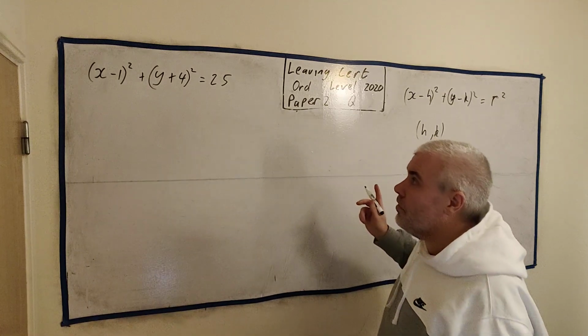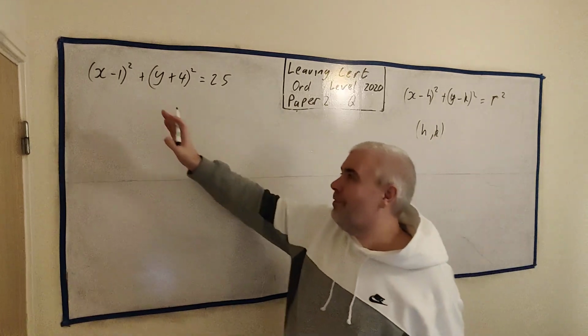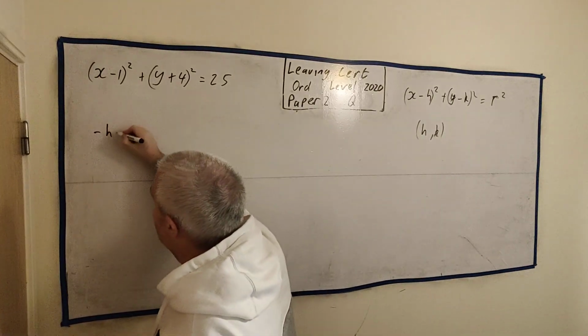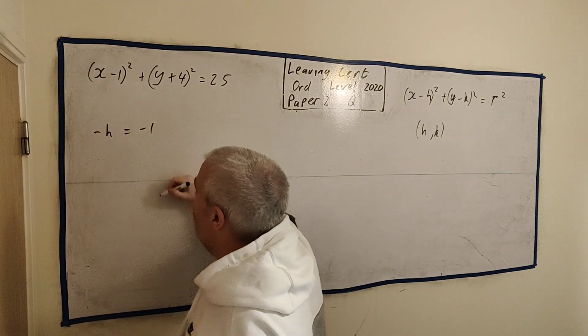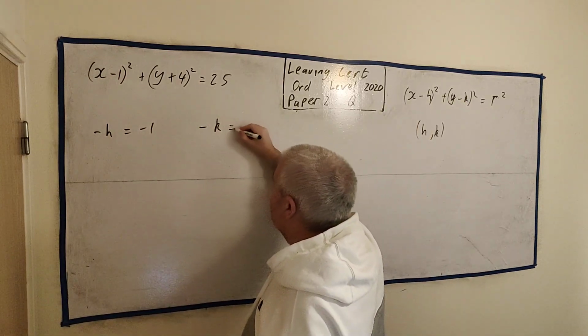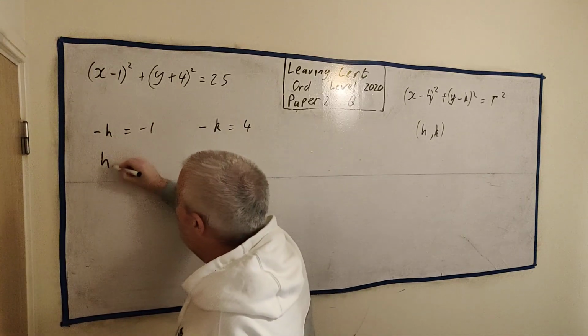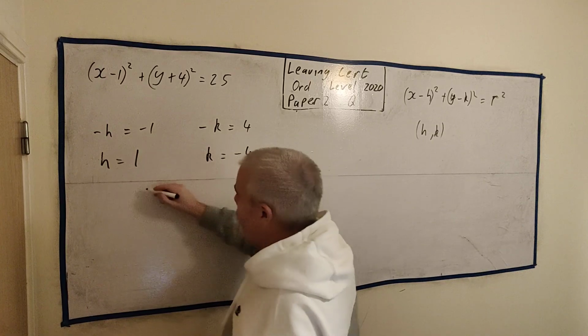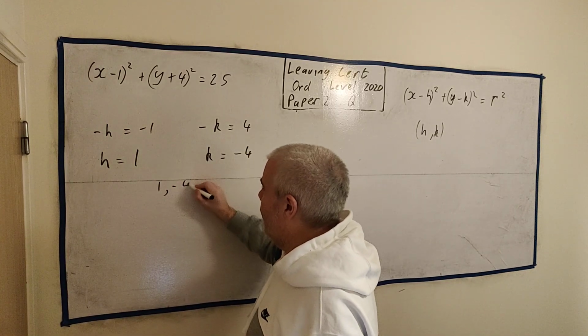So h is, well, let me do it a little slower. Minus h is equal to minus 1 here. Minus k, when I see minus k here, I see plus 4. So h is equal to 1 and k is equal to minus 4, or the center is (1, minus 4).